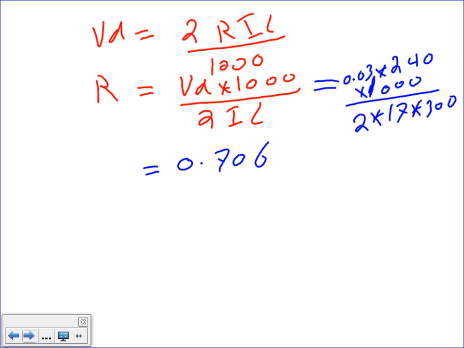0.706. Now let's take this one to table. Which table? Table number 8. Let's take the 0.706 to chapter 9, table number 8. Well, your voltage drop is 3% of your system, so it's gotta be times 240.